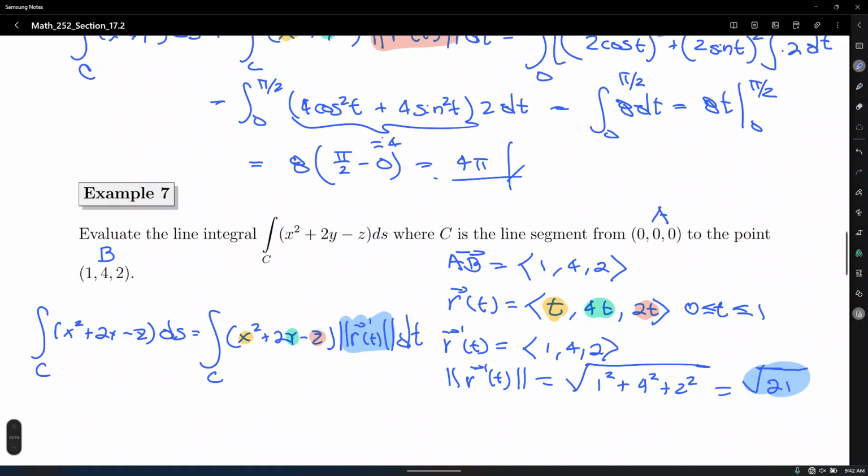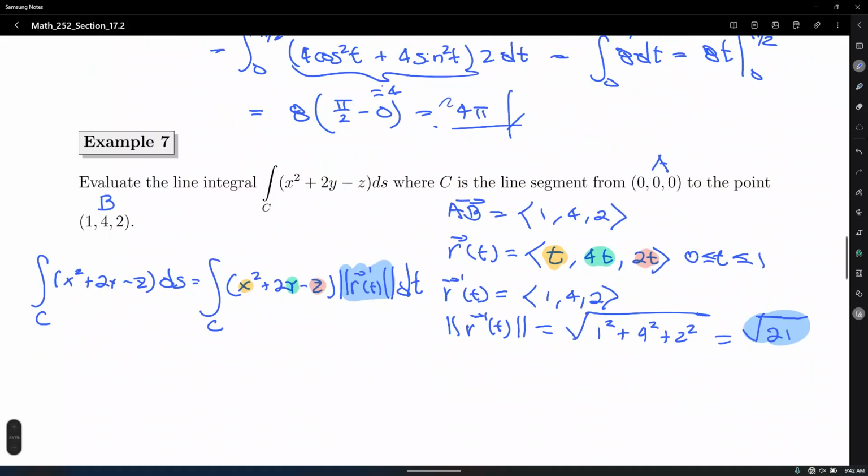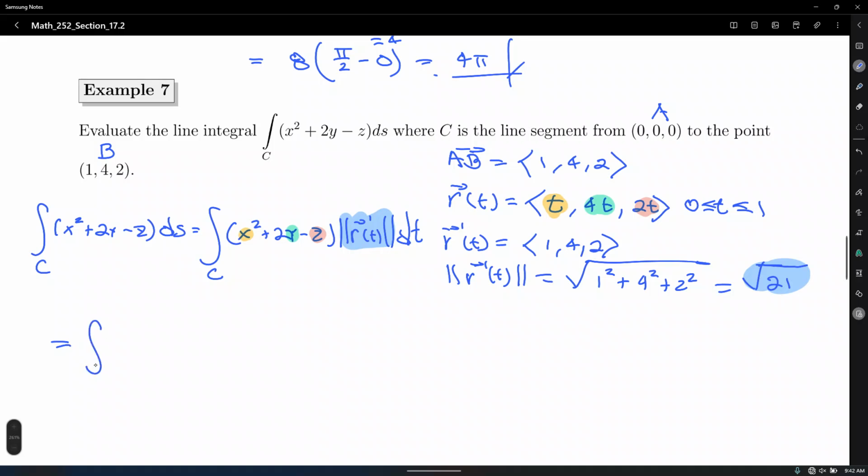Substitute. We got the limits, we got everything we need. Let's just go for it. That is the integral from 0 to 1 of t squared plus 2 times 4t minus z, which is 2t, times the square root of 21 dt.